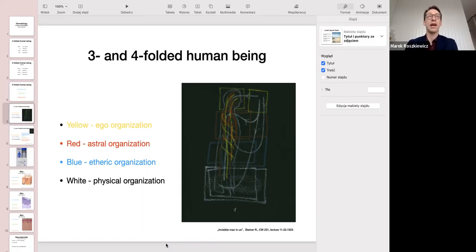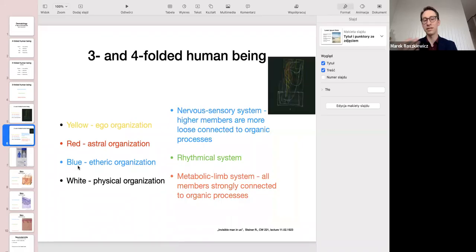This is a very basic and super difficult lecture concerning the three and fourfoldness, which we can see also here: the ego organization as the highest member is going directly into the nervous sensory system, but there it is a bit more loosely connected to the whole body. That is why we can think. And if we go down with the members, they are going a bit more down and down.